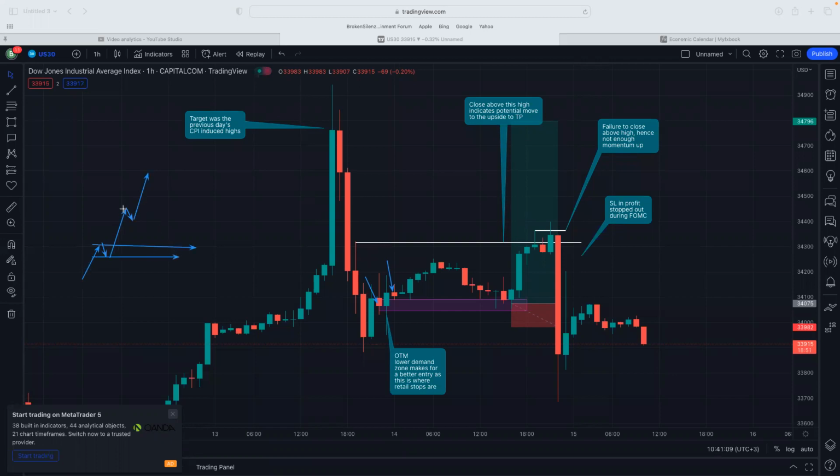It makes more sense placing your buys at the lower one, because the majority of people will make their entries at this demand, and their stop losses will be below. And so these stop losses, if they accumulate too much, then the markets need to correct heavily and bring us to this lower demand before we actually push up.